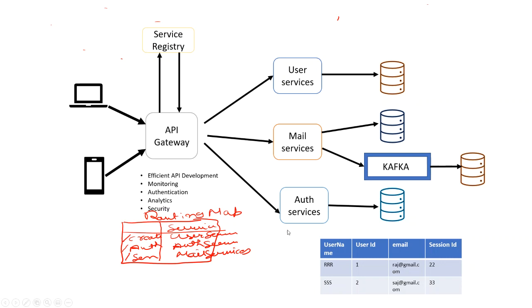Whenever you are trying to create a new authentication service or a new service, you need to register your services into the service registry. So when the request comes, the request comes to the API gateway. The API gateway will send the request to the service registry. The service registry will look into it and tell, hey, you need to send this request to the authentication service. Once it looks into the service registry, it sends that request to the authentication service, and the authentication service looks into the database and provides the response back to the user.